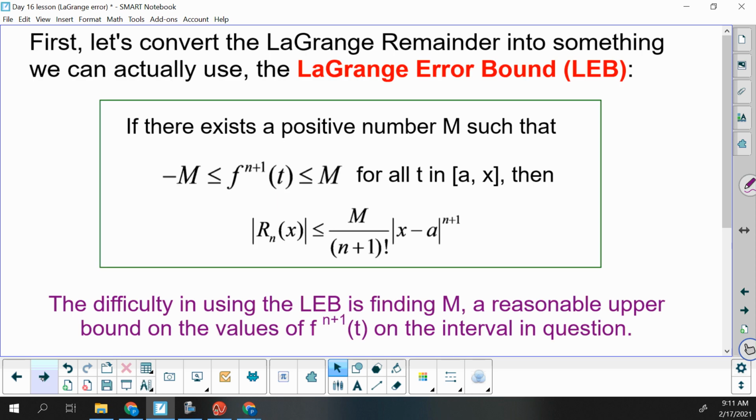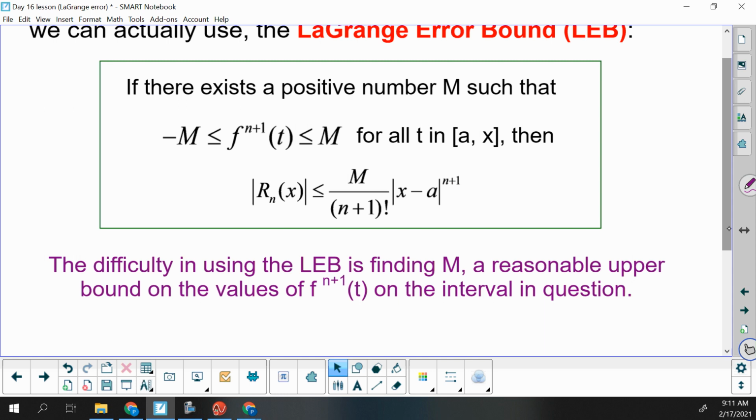So what we'll often use in that spot is a capital M. What capital M represents is the upper bound of the next derivative on our interval from our center to wherever we are looking at.